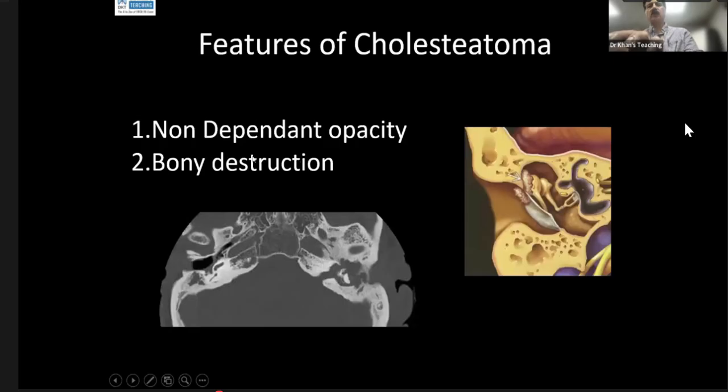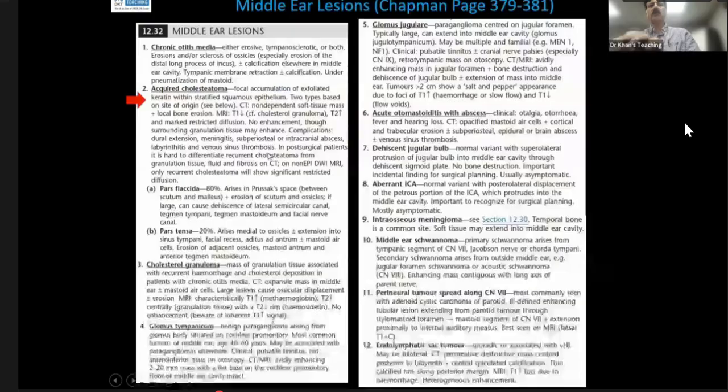But these are the two key points which we remember. And you see, this is the concept, focal accumulation of exfoliated keratin within stratified squamous epithelium. This will not enhance either on CT scan or on MR. Surrounding granulation tissue can enhance.